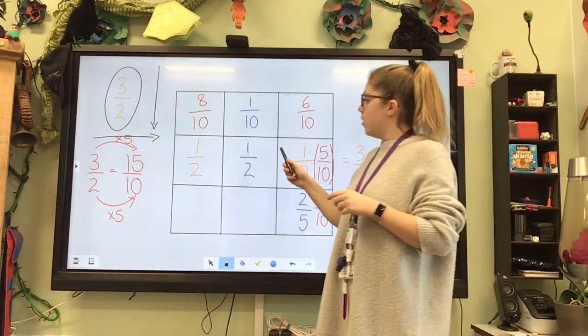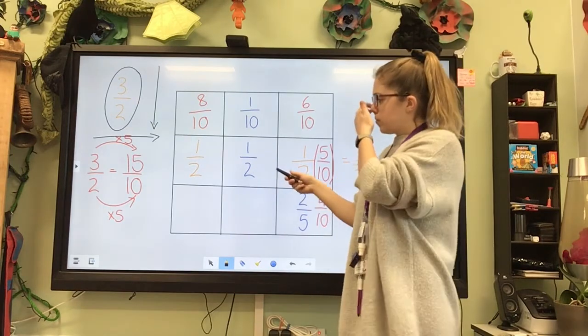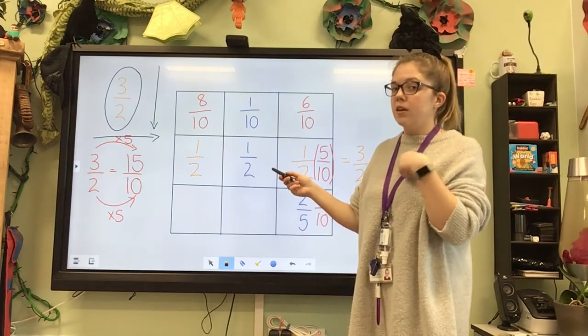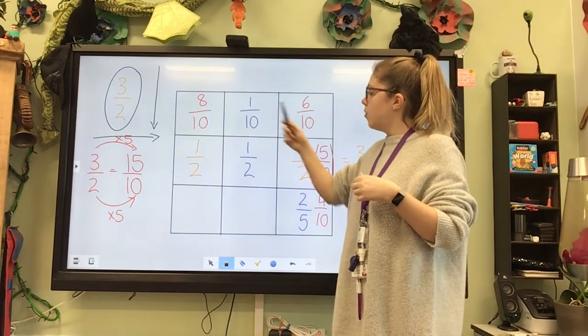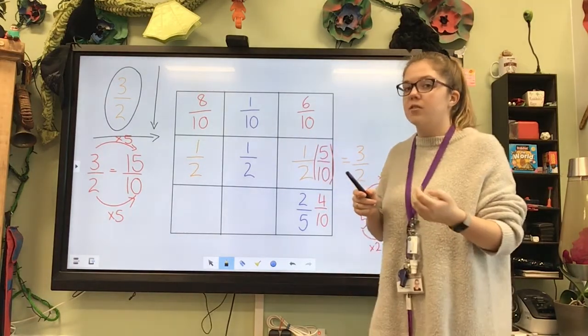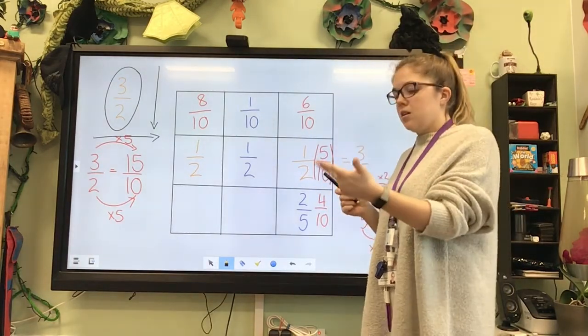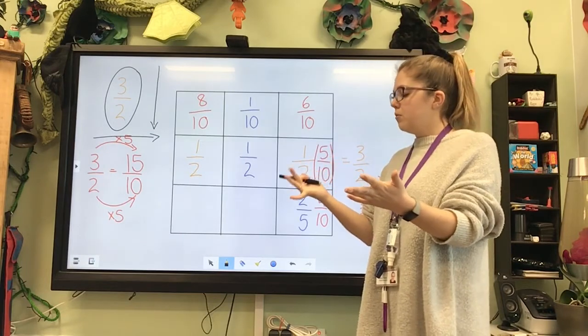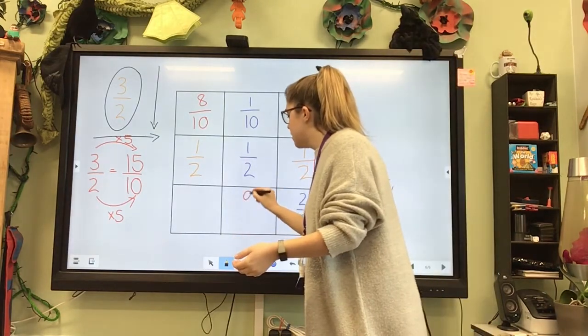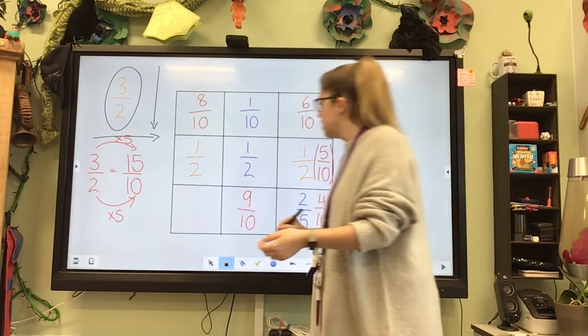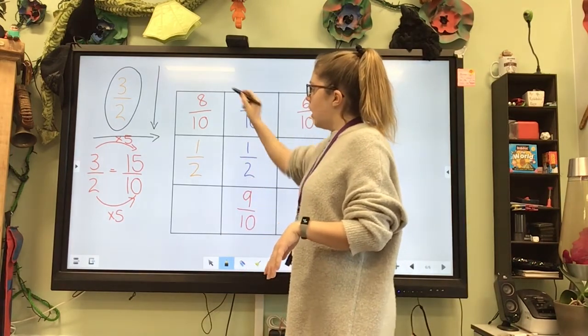So I've got a 1/2 here, which we know a 1/2 in tenths is going to be 5 tenths. And I've got 1 at the top, so I've got 5, I've got 6 tenths. 6, 7, 8, 9, 10, 11, 12, 13, 14, 15. That gave me 9. And my last one, I've got 8.